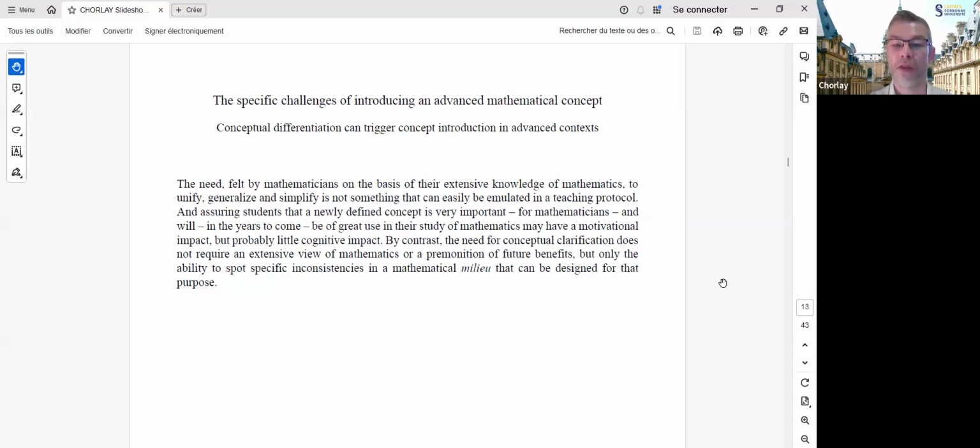By contrast, the need for conceptual clarification does not require an extensive view of mathematics or a premonition of future benefits, but only the ability to spot specific inconsistencies in a mathematical milieu that can be designed for that purpose.